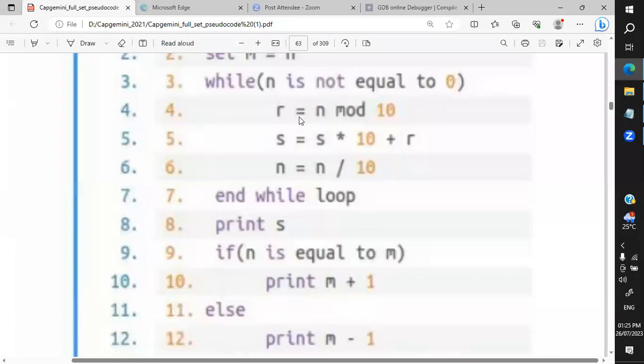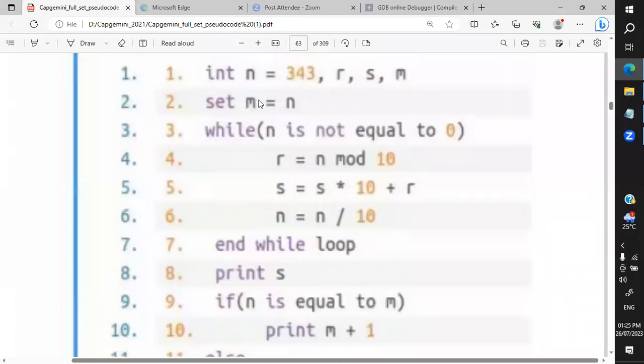Given the input N is 343, not M. Just observe carefully and try. There are two outputs. See carefully. 344.